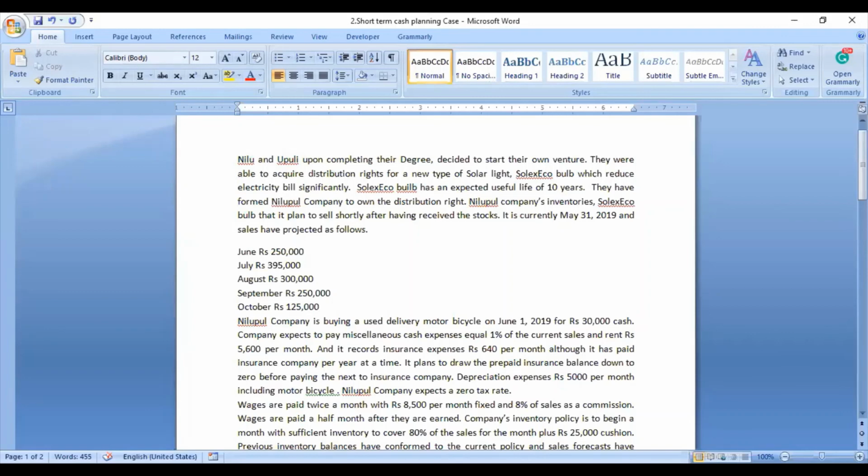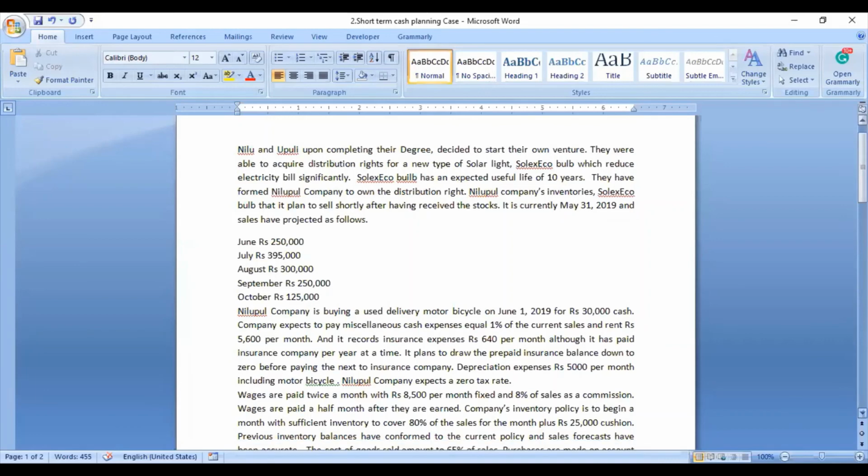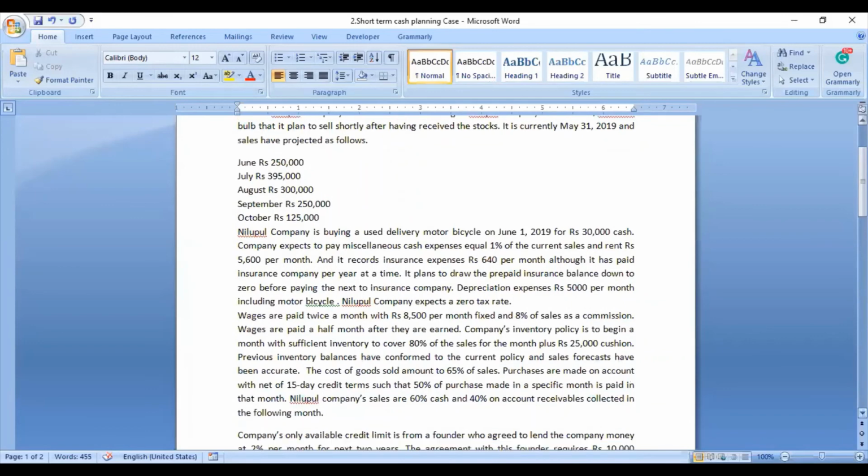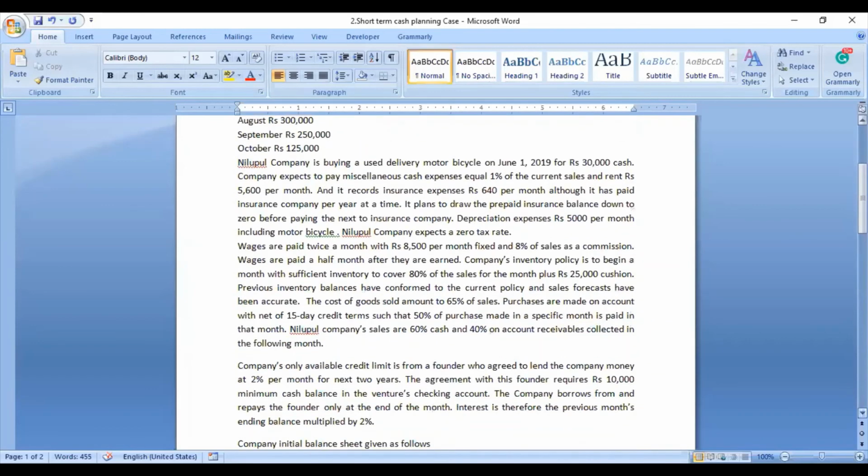It records insurance expenses of 640 rupees per month, although it pays the insurance company one year at a time. It plans to draw the prepaid insurance balance down to zero before paying the insurance company again. Depreciation expense is 5,000 rupees per month, including the motor bicycle, and Nilupul Company expects a zero tax rate.